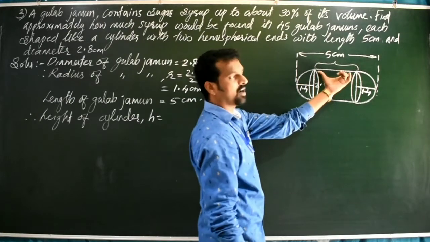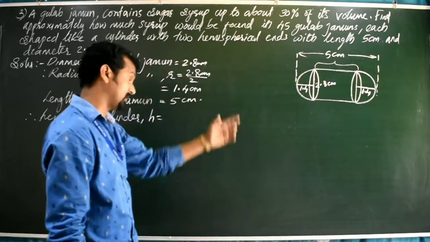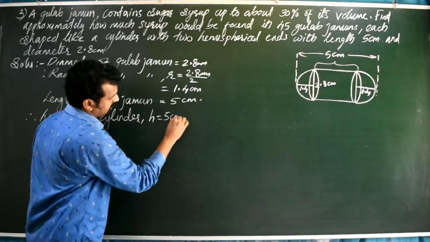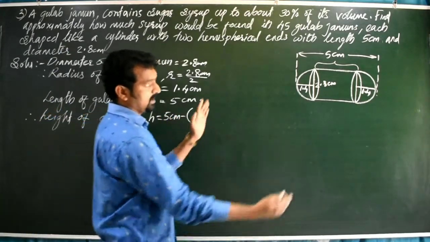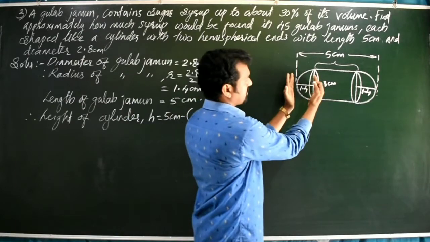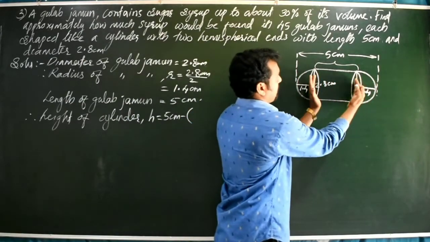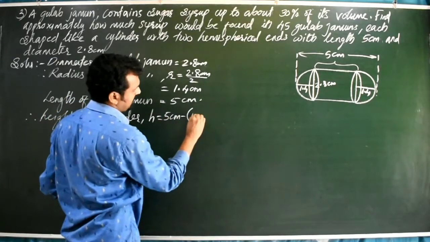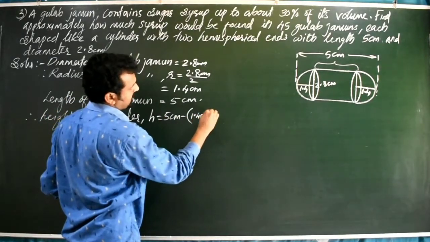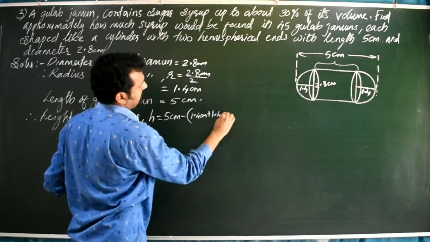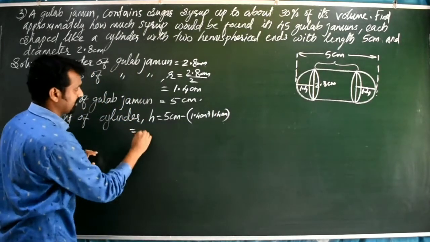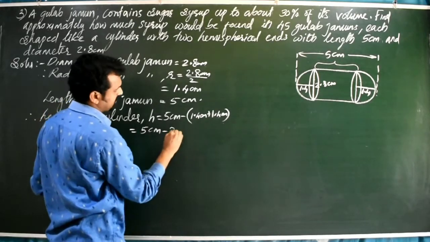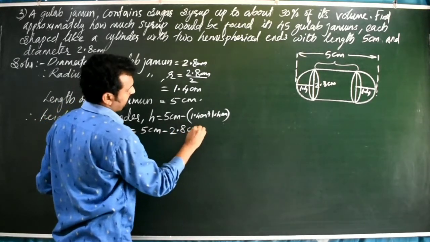So what will be the height of the cylinder? Height of the cylinder is equal to 5 centimeter minus, the total length is 5 centimeter, from there we have to subtract 1.4 and 1.4, then we will get the height of the cylinder. So 5 centimeter minus 1.4 plus 1.4, that is 2.8 centimeter.